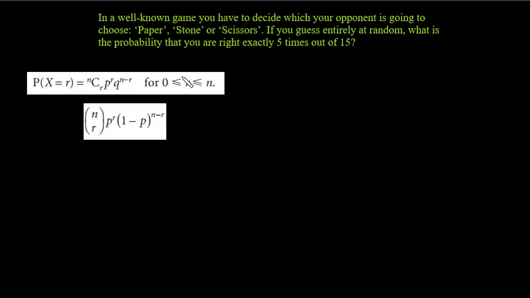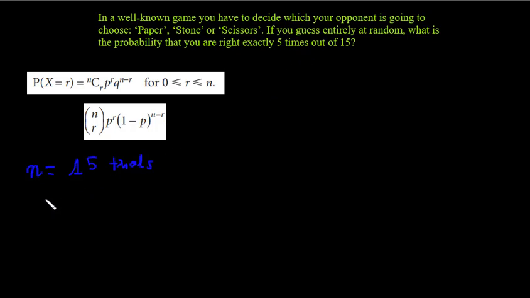So for our n, you see the word n here. n represents the number of trials that you do. In this case, you play the game 15 times, so the number of trials is 15 in your experiment. The probability that you will get it right is exactly 5 times.